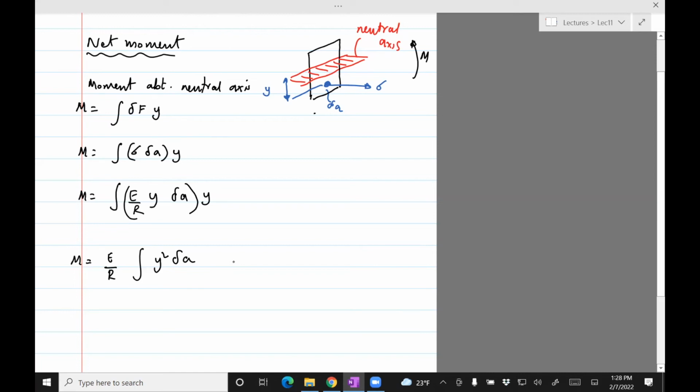Now I don't know if you recognize y squared dA, but it's again something you might have picked up in a previous course. It's actually known as the moment of inertia. So this term is called the moment of inertia.